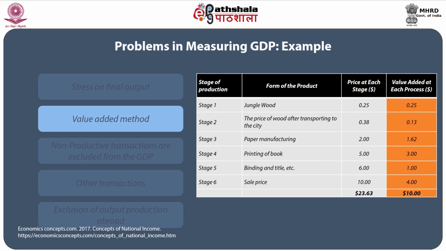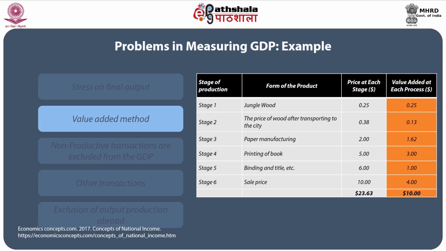And similarly, stage 3, which has a price at each stage of 2.00, if we subtract 0.25 of stage 1 plus 0.38 of stage 2 from this 2.00, the value added for that particular process will be 1.62.